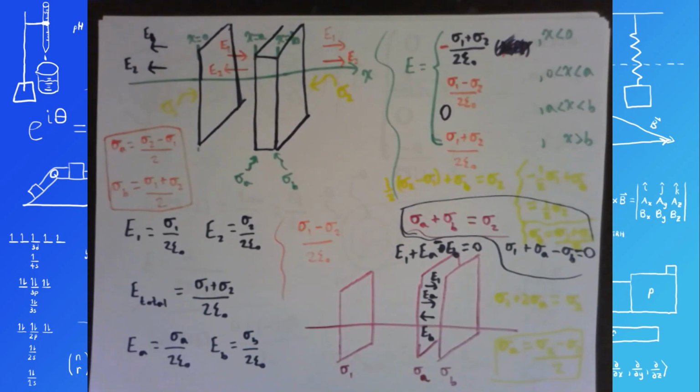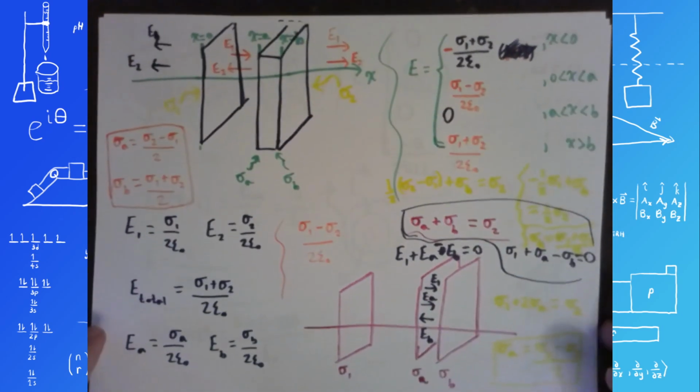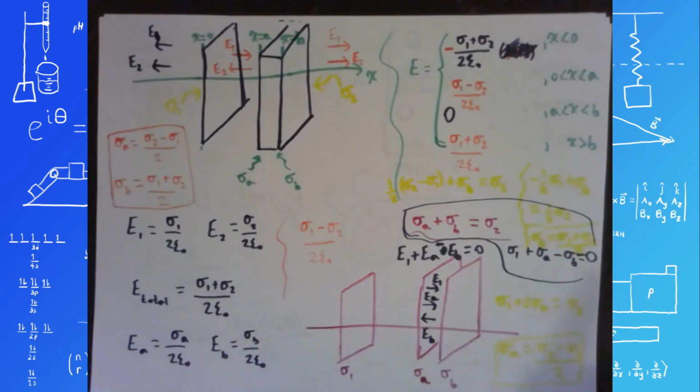But if you get actual numbers to plug in here, then this math will still work. Whatever we assume to be positive, if you do the math and you come up with a negative instead, that's okay. If you substitute it as a negative in here, then you will get the correct directions.